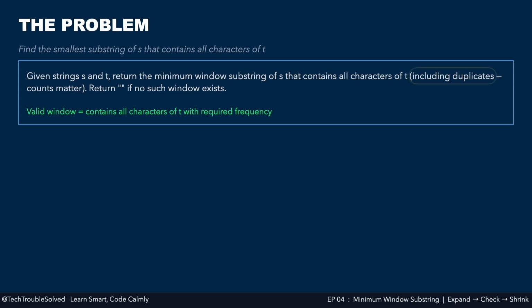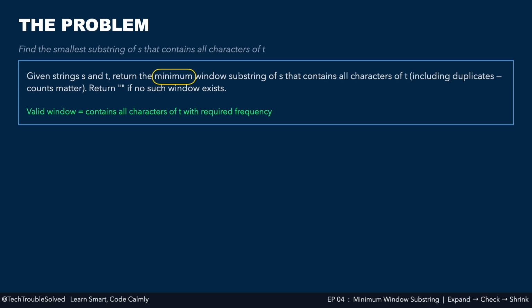First, including duplicates. This is not just does A appear somewhere in the window. If T equals AAB, the window needs two A's and one B. Frequency matters, not just presence. Second, minimum. We are not just finding a valid window. We want the smallest one.